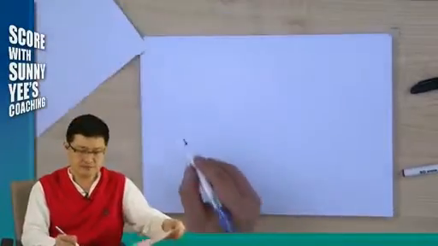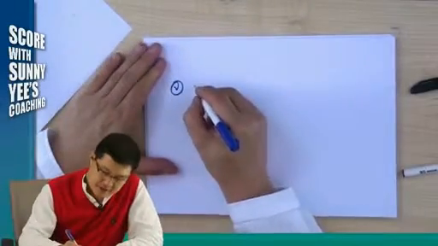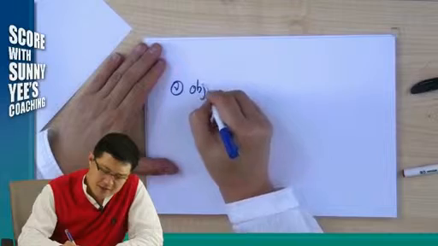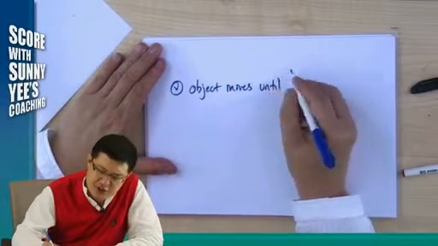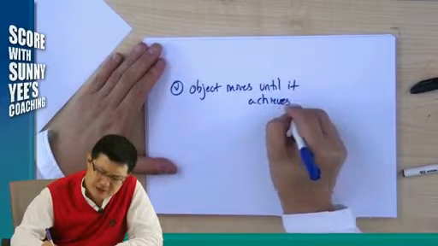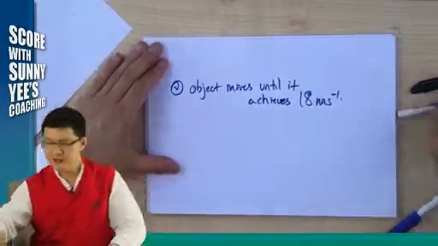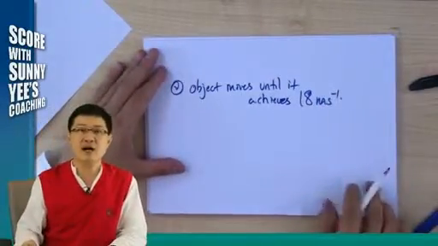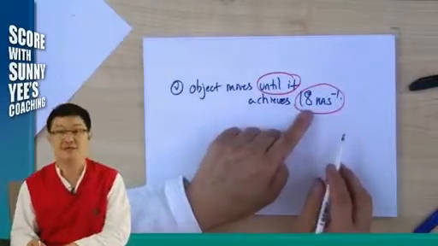Point number 2. If I say that an object moves until it achieves 18 meters per second, the keyword that I want to highlight is the word until, and this is the speed, the velocity.